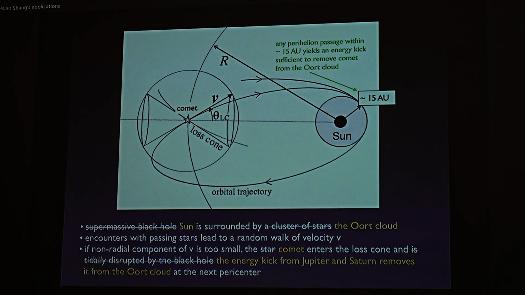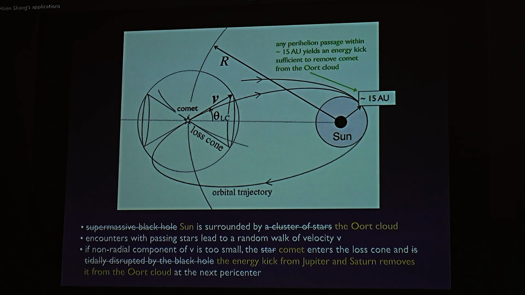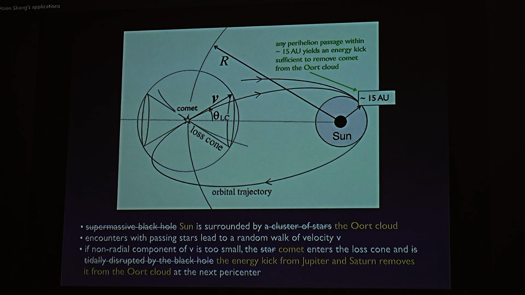the Oort cloud. Then again, encounters with passing stars in the solar neighborhood lead to a random walk in the velocity of the comet.